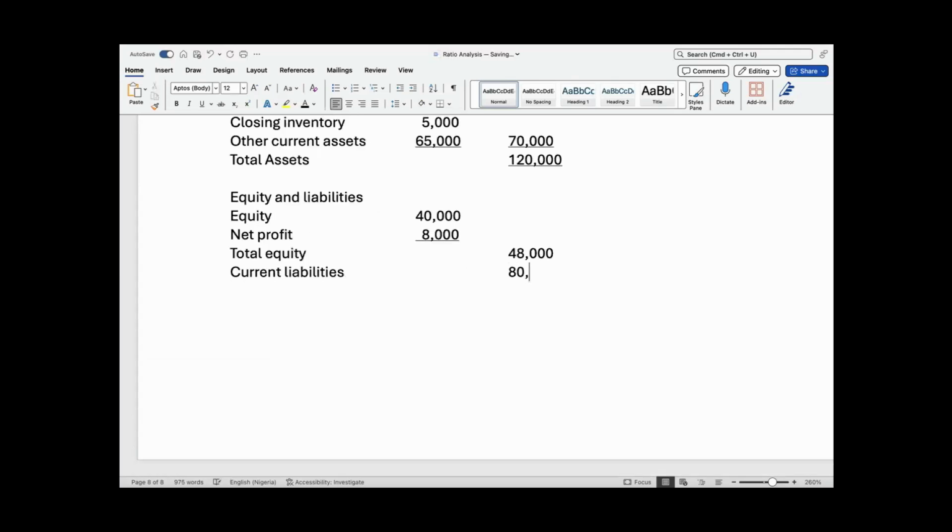That's 80,000. Then my total equity and liabilities is, here is 128,000.